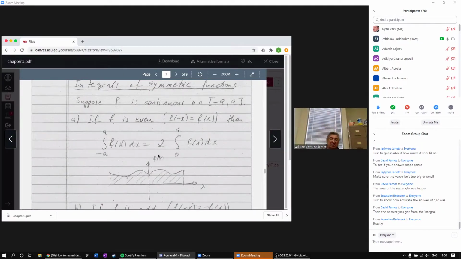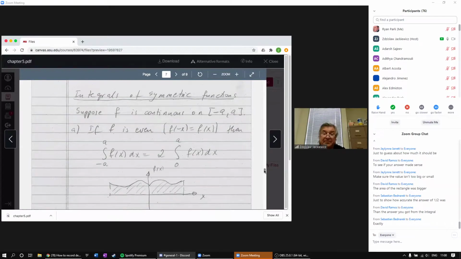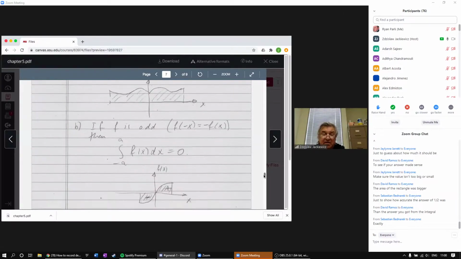That's more or less obvious if you look at this picture. But this simplifies computations quite often. If you have even functions, usually it's easier to compute from 0 to a than from minus a to a, because when you substitute 0, that's usually an easy thing. Usually there are a lot of zeros.